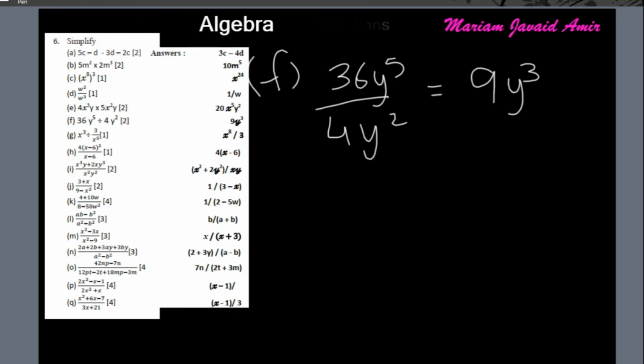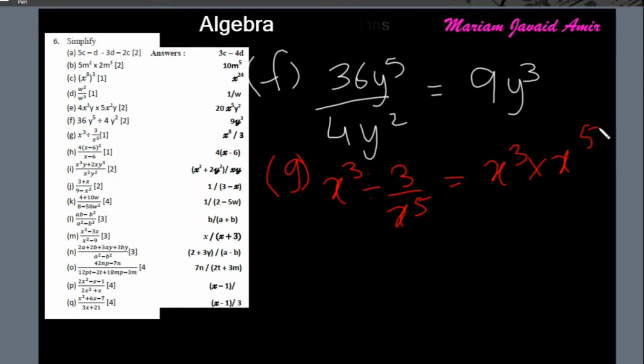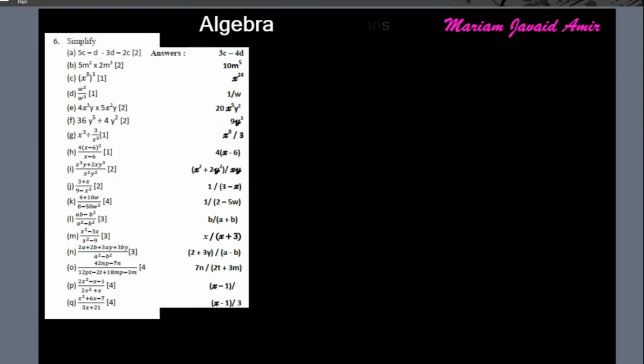So 9y cube is the answer for part F. Then part G is x cube divided by 3 over x5, which becomes x cube multiplied by x5 over 3. So 5x and 3x together make 5, 6, 7, 8x. So x power 8 over 3 is the answer for part G.